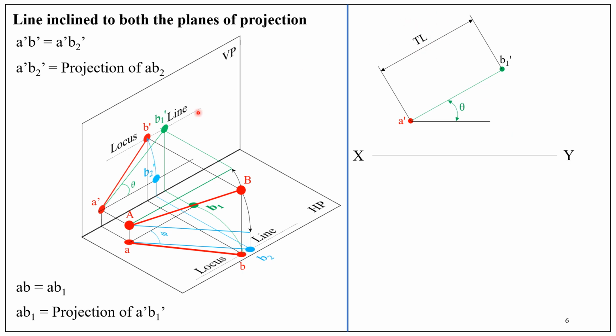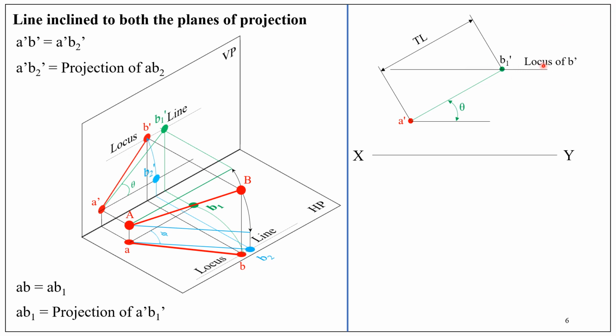We know B1 dash and B dash lie on the same horizontal line, that means at equal distance above the XY line. So we know the position of B1 dash. Therefore, we can draw the locus line. That means draw a horizontal line through B1 dash, and that is the locus of B dash.